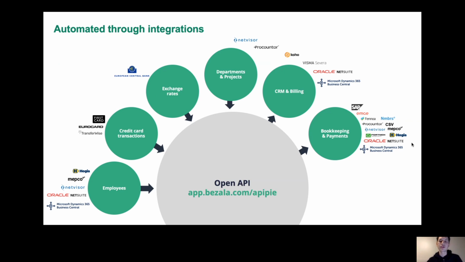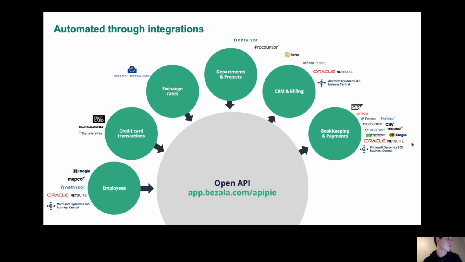So we create vouchers automatically in most of the Northern European accounting softwares and in most of the biggest global accounting softwares. So this means that we'll automatically create the vouchers in your accounting software, and depending on your payment process, we can also automate the payment process.